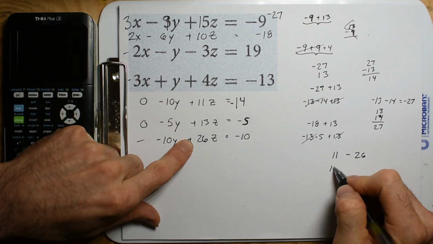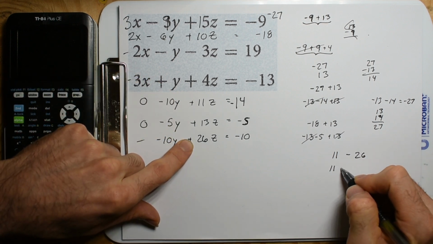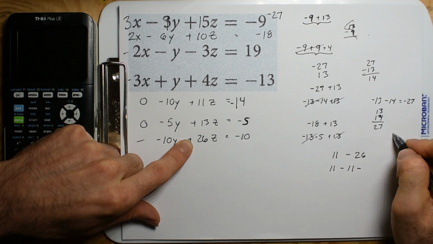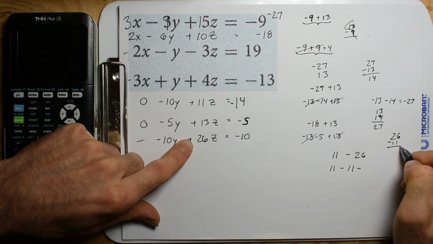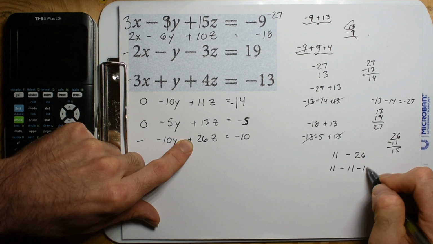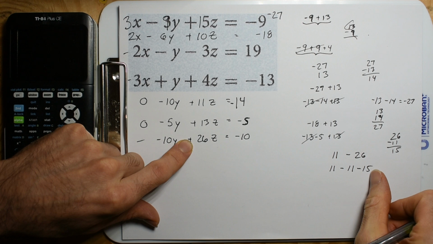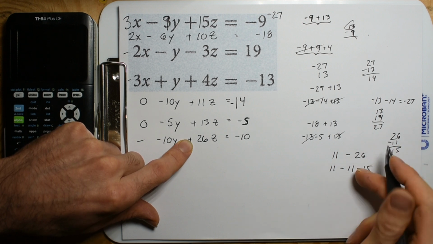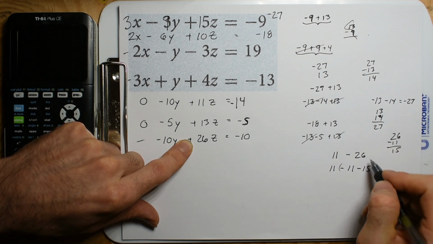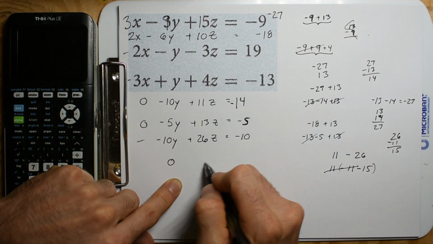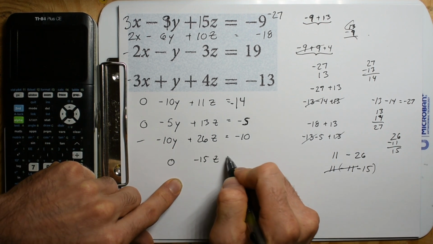I like this method though. 26 minus 11 is 15. So these two things, negative 11 minus 15, I can see that now. These two things add up to negative 26. And those things cancel. So we're going to have negative 15z.